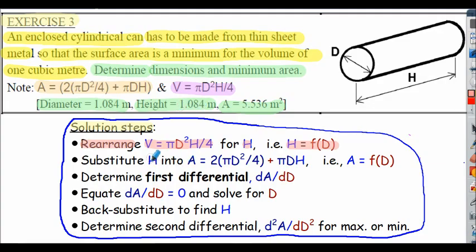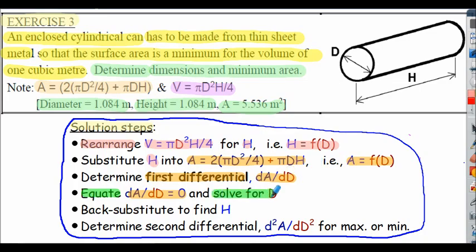Next, substitute the expression for H into the equation given above for the surface area of a totally enclosed cylindrical can. This then produces the area as a function of D, the diameter. Next, we determine the first differential, dA by dD. We equate dA by dD to 0.